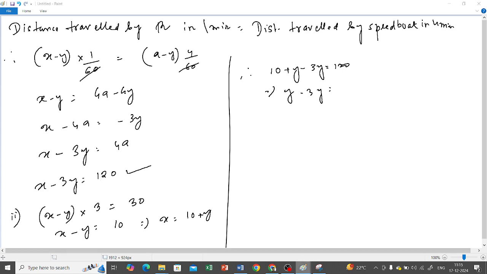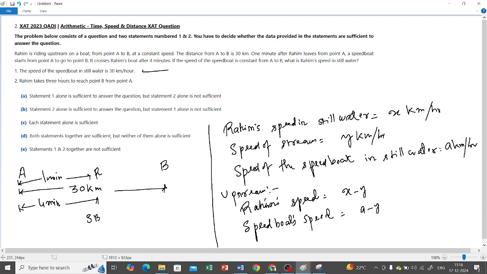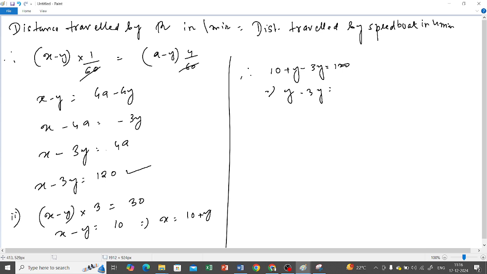So if I put only statement 1, a is 30 kilometers per hour. If I put a as 30, I'm getting 120.